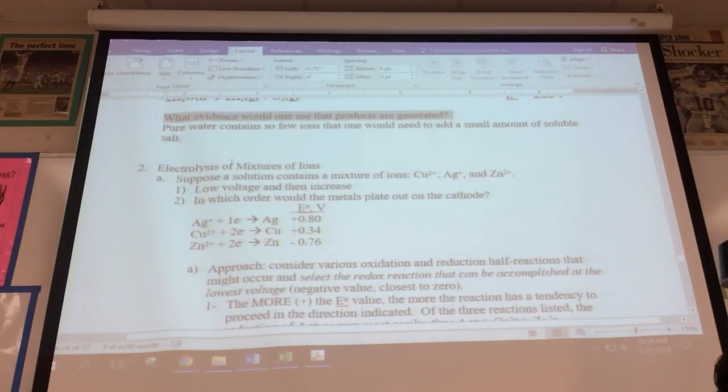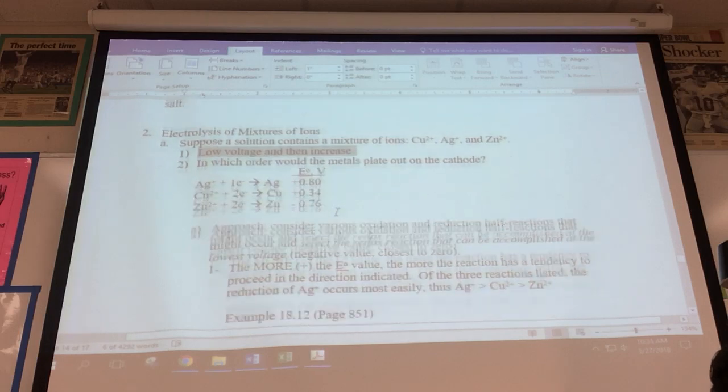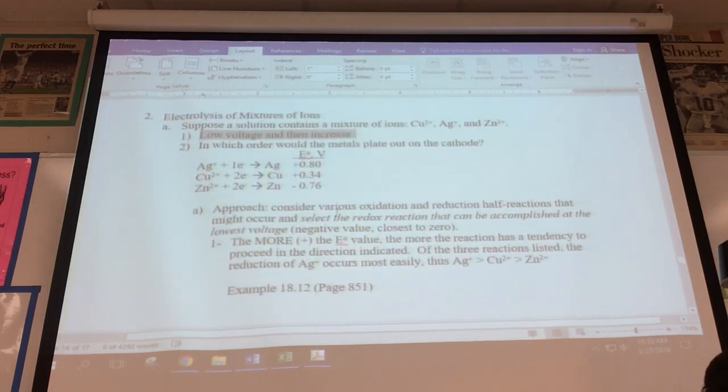It says electrolysis of mixtures of ions. Suppose a solution contains a mixture of ions, copper 2 ion, silver ion, and zinc ion. You would start at a low voltage and then increase, and again, you have to provide a power source. In which order would the metals plate out on the cathode? Your approach here is to consider various oxidation reduction half reactions that might occur and select the redox reaction that can be accomplished at the lowest voltage.